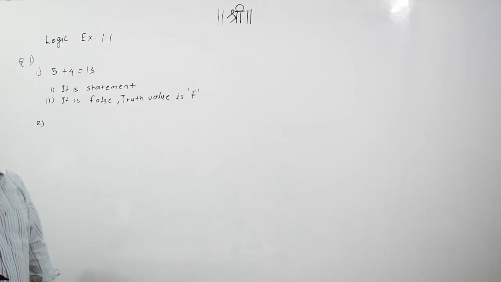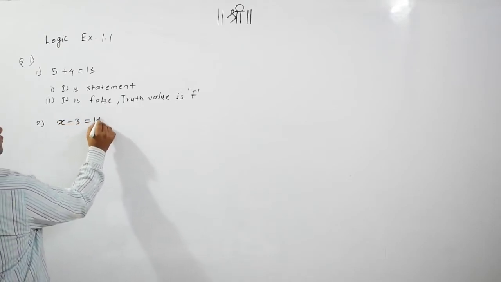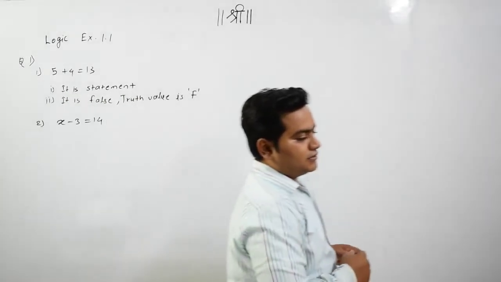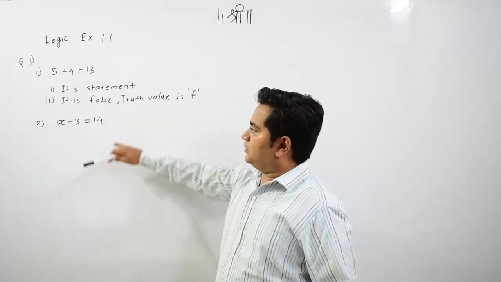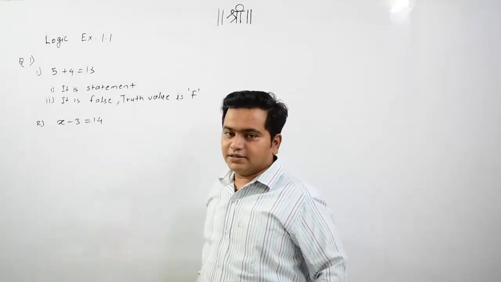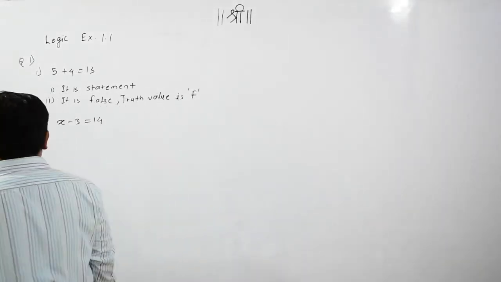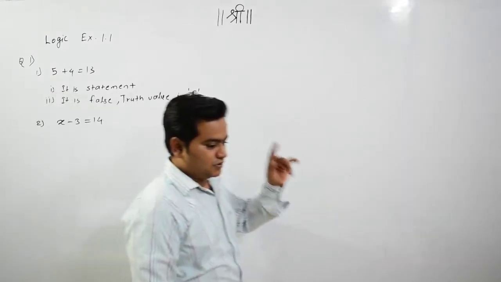x minus 3 is equal to 14. Again, x minus 3 is equal to 14. Now this is kind of a jumbling question. In the initial question, this was a statement. Most of you are thinking this is also a statement. If you look at the answers, the answers are different. But why is it not a statement? Most important part.